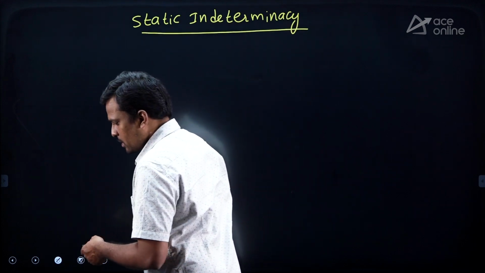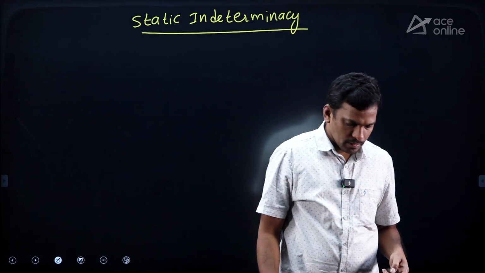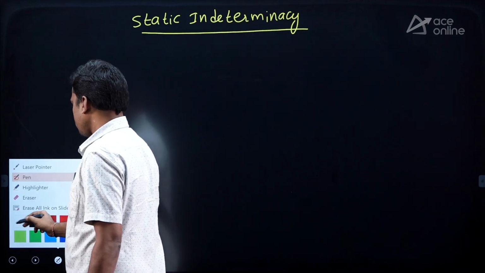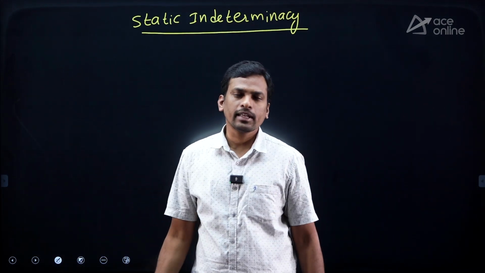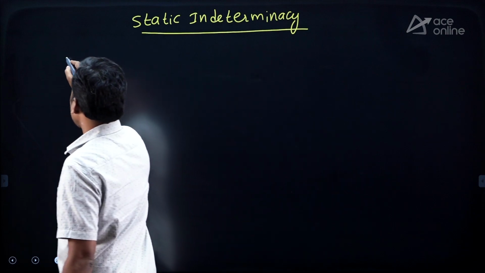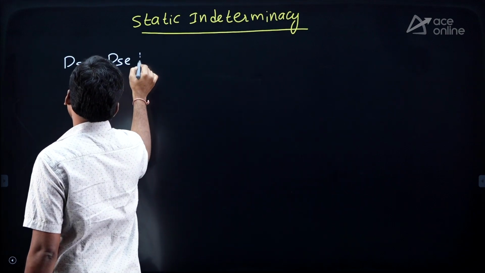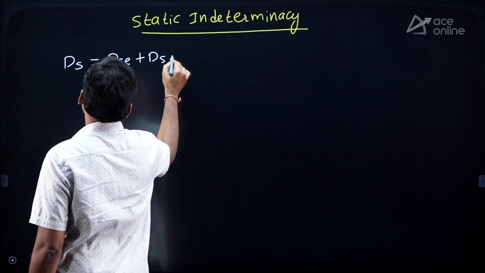Okay, second chapter is static indeterminacy. So students, what is the general formula to find the static indeterminacy? Ds equals Dse plus Dsi, right?